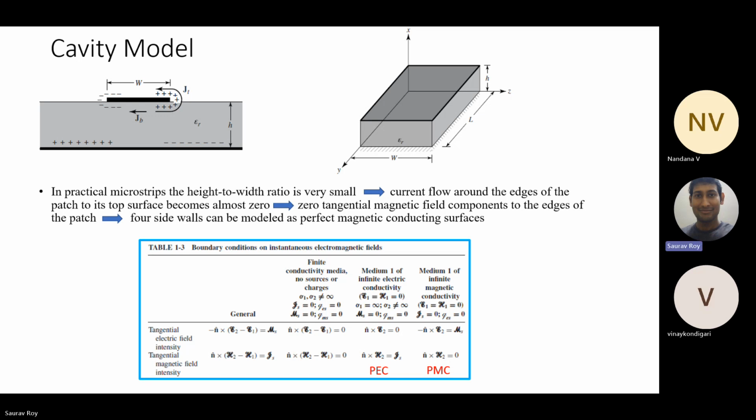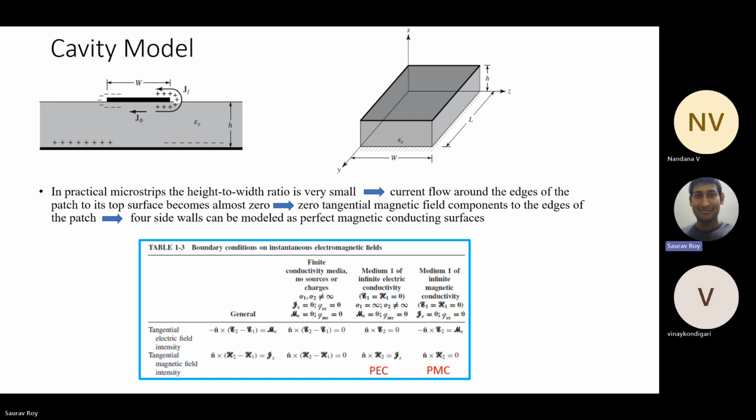Nandana, do you remember? So for PEC, the tangential electric field must be 0. And the tangential magnetic field? It must be continuous, and related to the surface current density, J_S. Exactly.